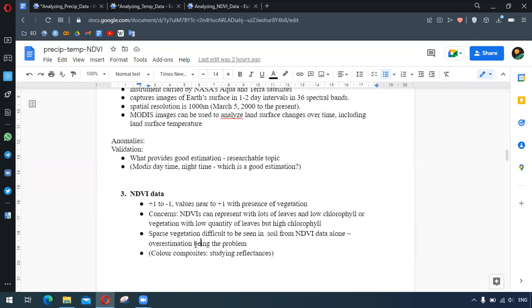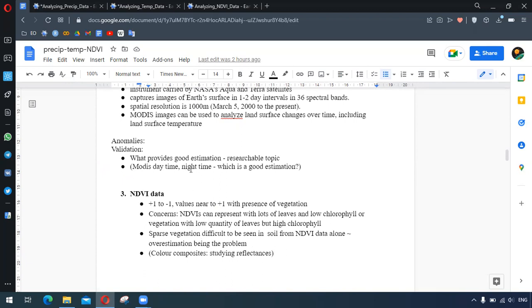So there are other ways to understand this, maybe using color composites, or maybe storing the reflectances in each band. So in general, NDVI is useful in understanding the presence of vegetation, or the probability of vegetation in that particular location.